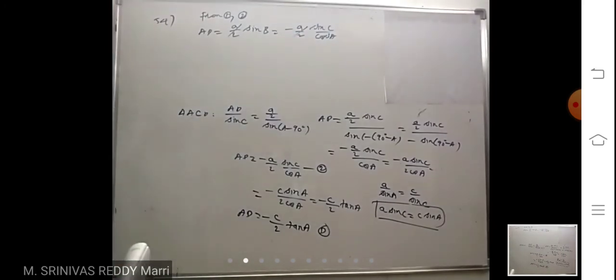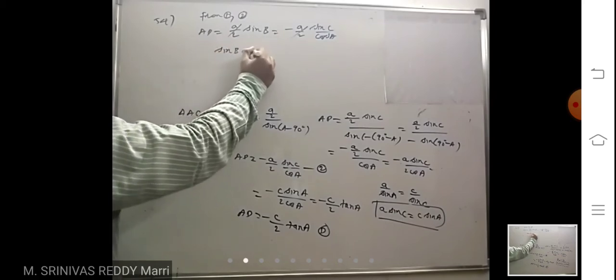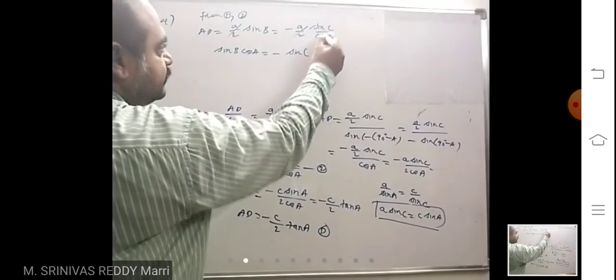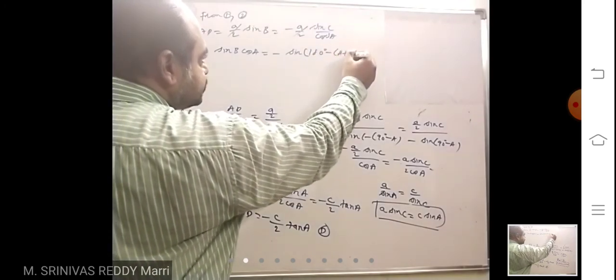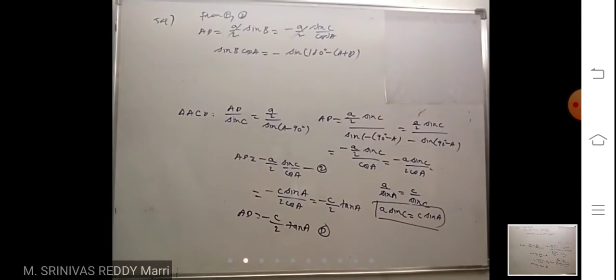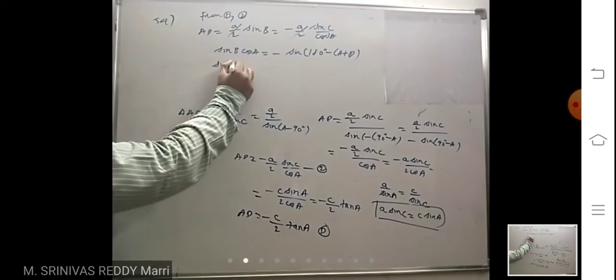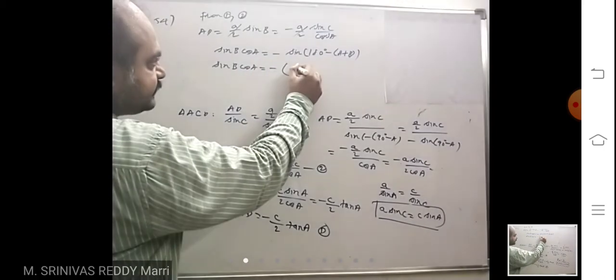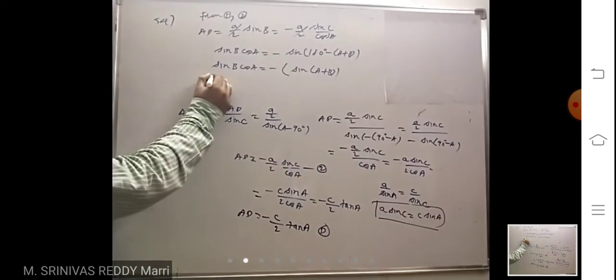Now sin B cos A equal to minus, if you look at here, sin C is nothing but 180 minus of A plus B. Minus of 180 minus theta, that means sine of A plus B. Now you write the formula.